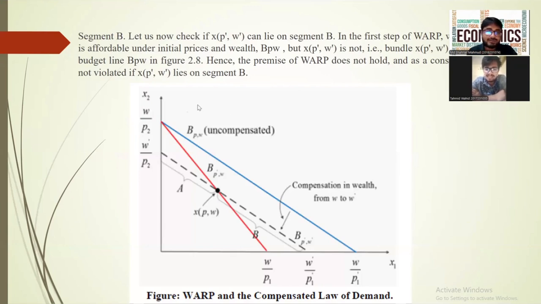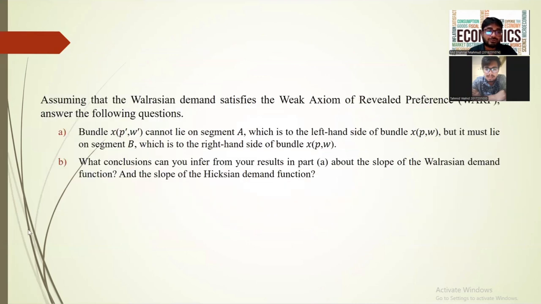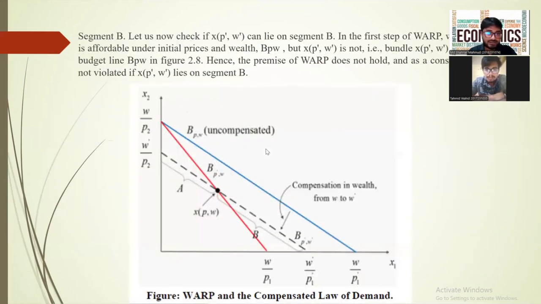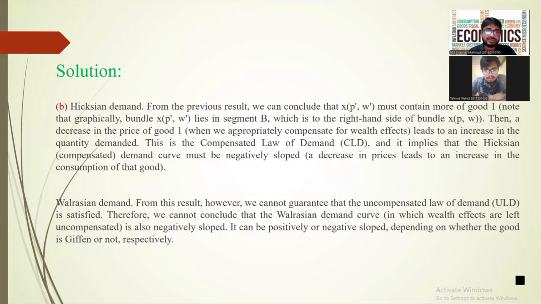You're right. So we should go to the next question: what conclusions can you infer from your result in part A about the slope of the Walrasian demand function and the slope of the Hicksian demand function? Before starting, we need to know Hicksian demand.